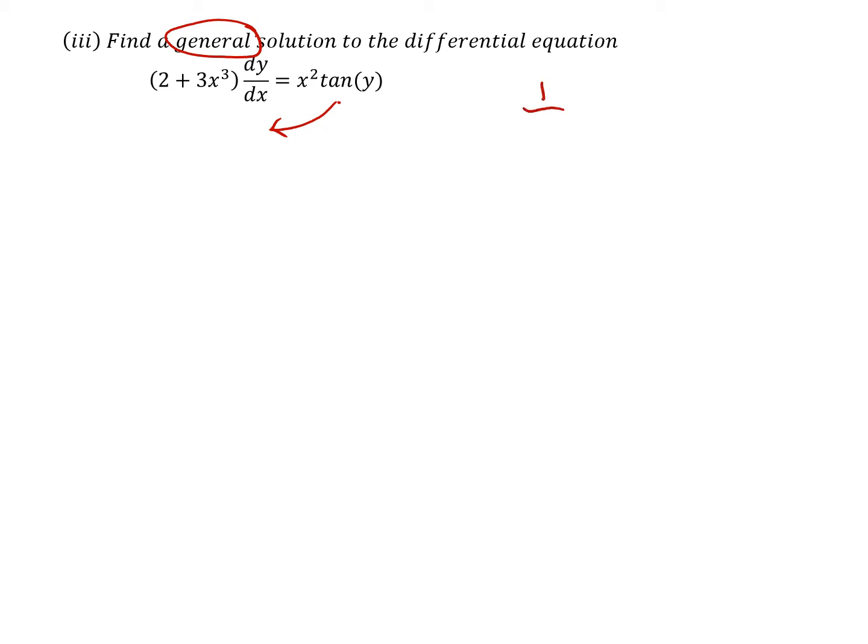I'll get 1 over tan y, which is the same as cot y. The dy will stay where it is. I'm going to divide by 2 plus 3x cubed and multiply by dx.